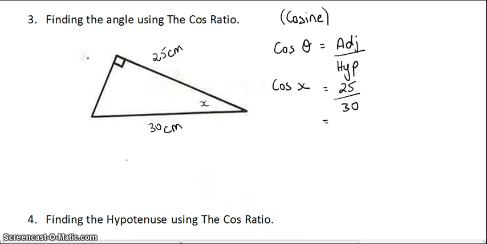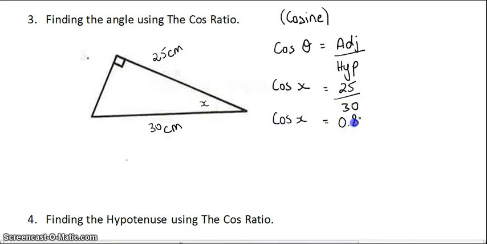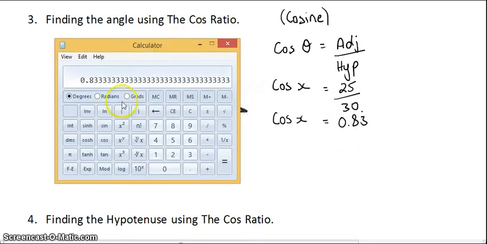Then we evaluate our question with the information we can evaluate. 25 divided by 30 on our calculator is equal to approximately 0.83 recurring. Now leave that in your calculator, and we should know that in order to turn our decimal fraction into the angle, we need to use inverse cos, which will then give us our answer.